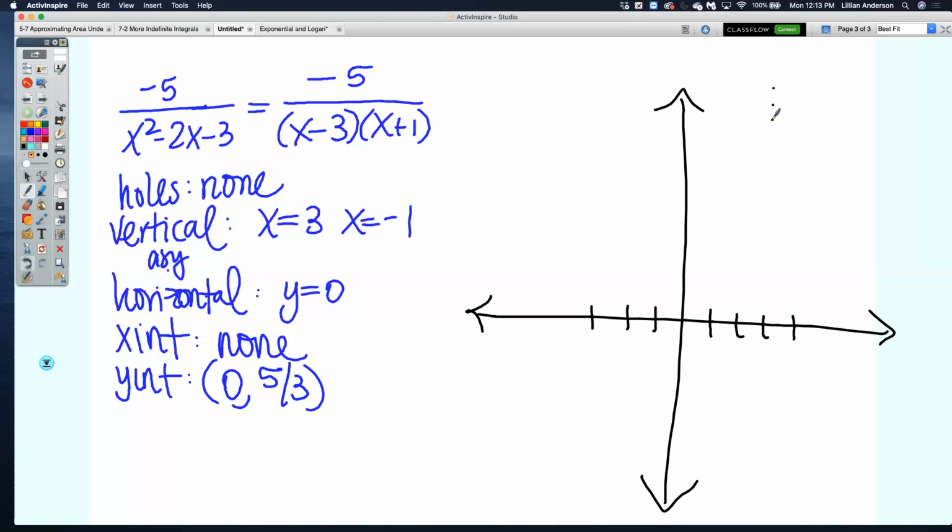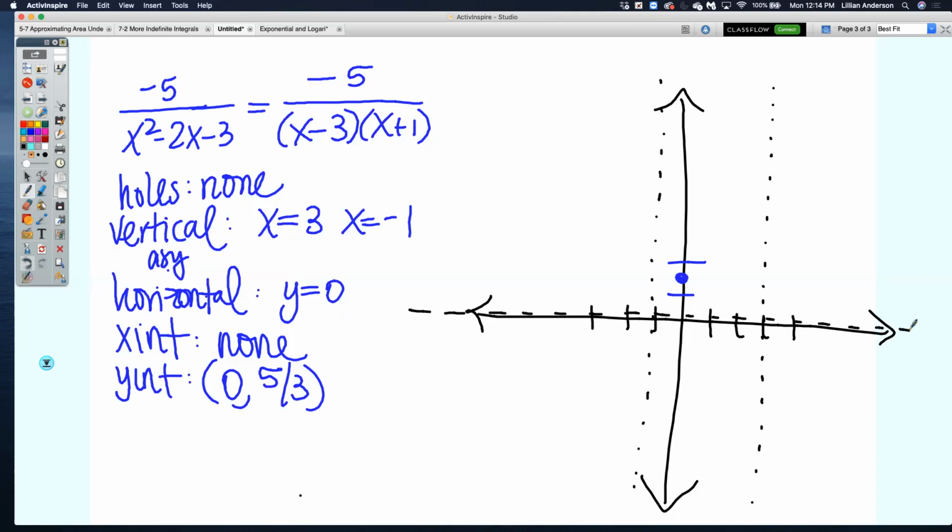Vertical at -1. Vertical at positive 3. I have a y-intercept at 0, 5/3. So that's located in between 1 and 2. I have a horizontal asymptote at y equals 0.